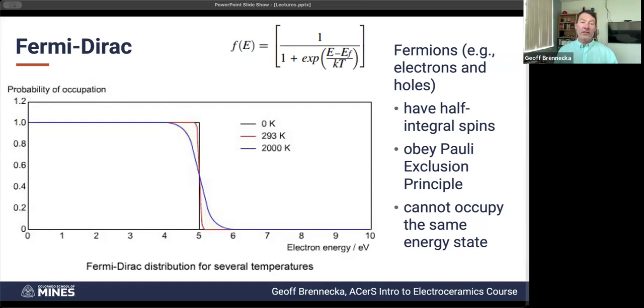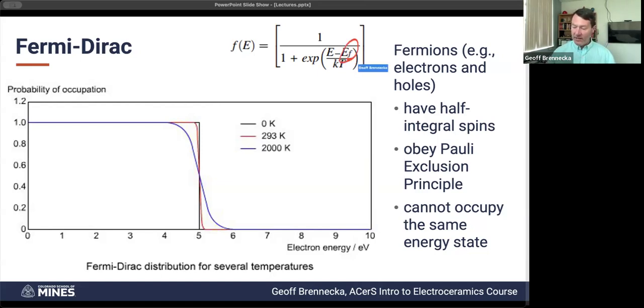All that's saying is that as we heat up this material, you've got electrons that are jumping into higher energy states, and they're leaving behind holes that were in lower energy states. So it seems fairly straightforward from a distribution perspective, as long as you don't have to go through the math.